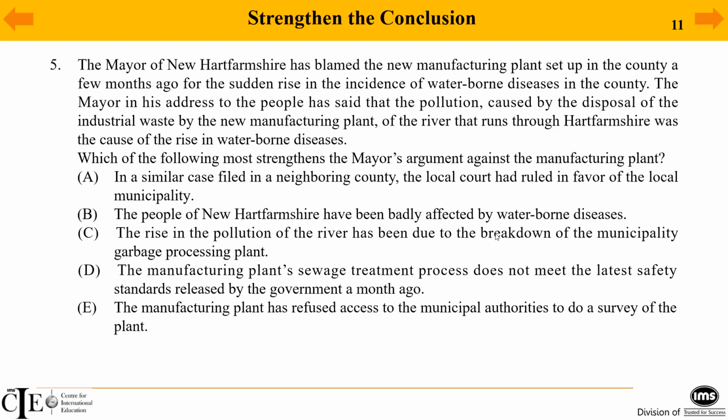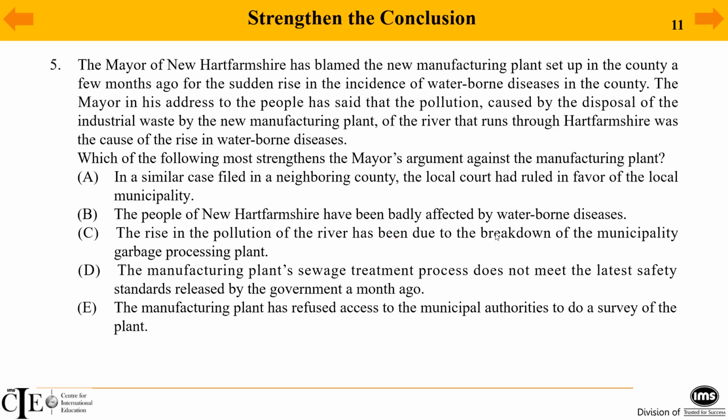So the mayor is blaming the manufacturing plant for the increase in waterborne diseases. The mayor in his address to the people has said that the pollution caused by the disposal of the industrial waste by the new manufacturing plant into the river that runs through Hertfordshire was the cause of the rise in waterborne disease. So he's saying that the industrial waste released into the river is causing the waterborne diseases. Therefore, he's blaming the manufacturing plant.